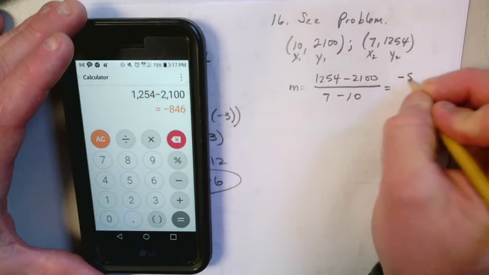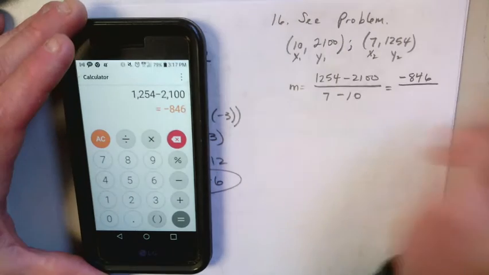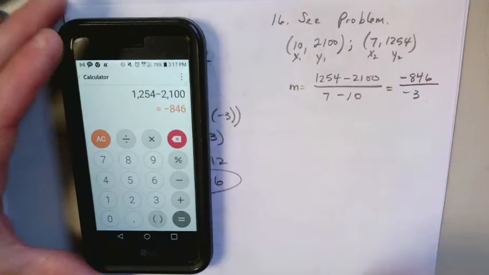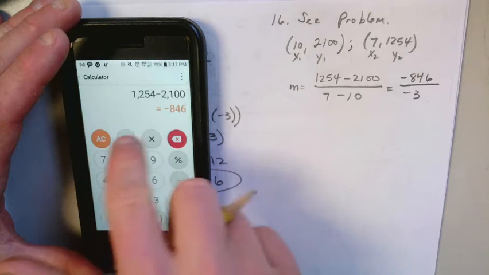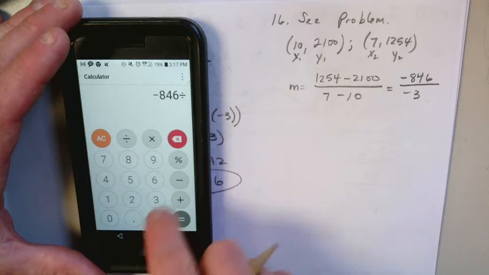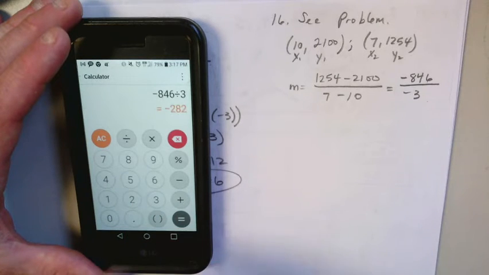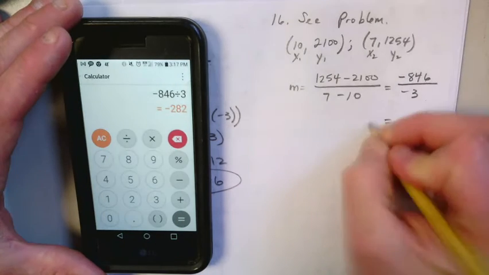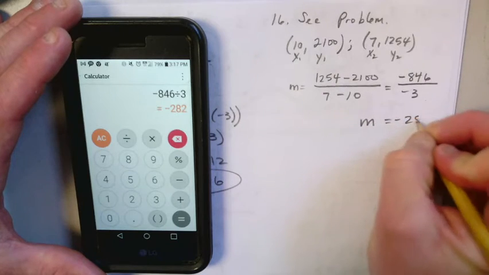Yeah, it's good I checked that there. Okay, and then minus 3. Now, does that divide through by 3? I'll just divide by 3. I know it's a negative answer. 282. So my slope is -282.